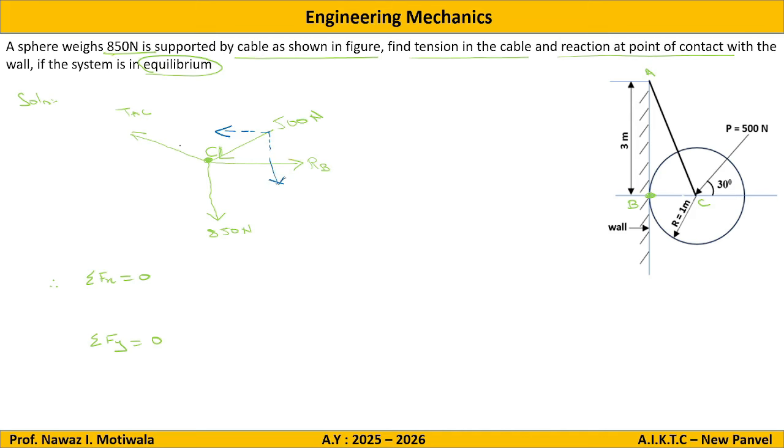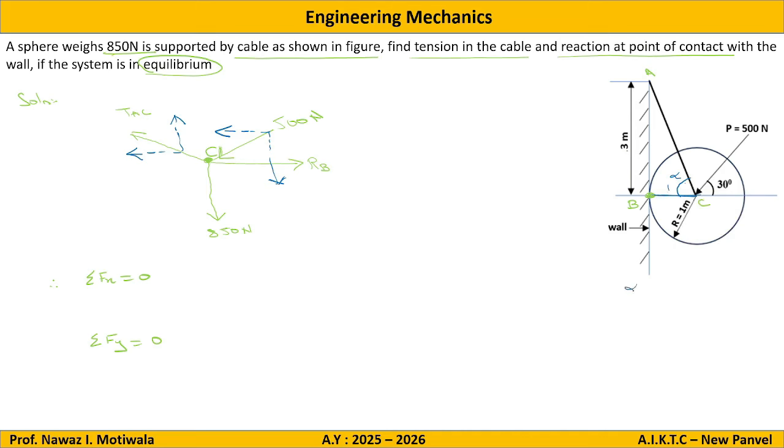For TAC, this is an inclined force. Draw one line parallel to x, one line parallel to y. Force is going left and up, so this will go left, this will go up. Now regarding angles, come to the main diagram. For this angle, let us say alpha, we have the opposite side and we have this radius as 1. That means the opposite side and the adjacent side are with us.